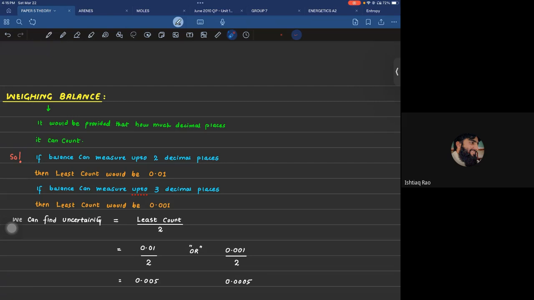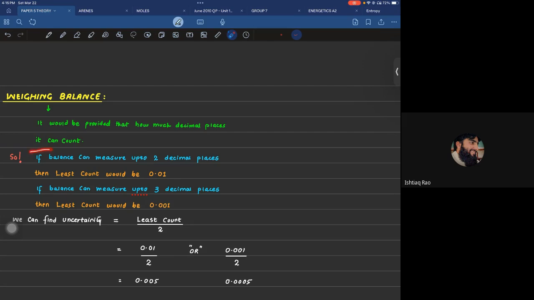When the number of decimal places increases, the accuracy increases. The examiner would provide you which type of weighing balance they are going to use.